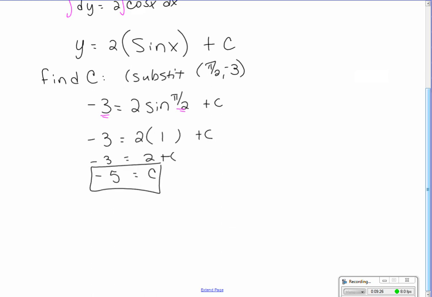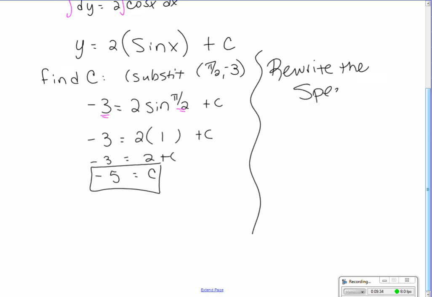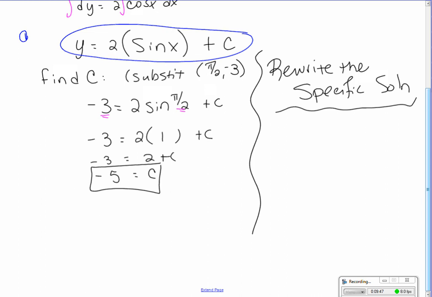Hang on to that value, because now we're going to go and rewrite the specific solution. And that is going to look like, well, where was our general? This was our general solution because it had just the c. Maybe you want to write that on the outside of this.